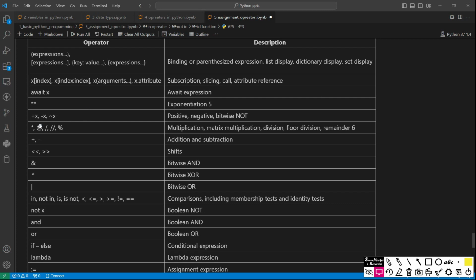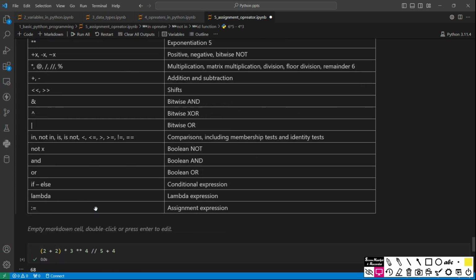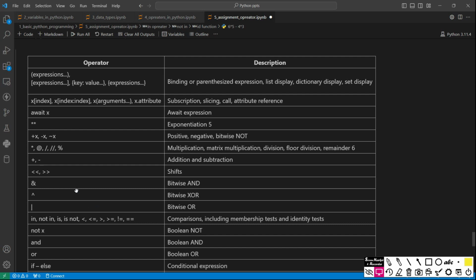Then there are exclamation marks, await, and some operators like slash, double slash or floor division, then addition, subtraction, left shift, right shift, etc. They are arranged in order, so the topmost have the highest priority, right? So this is basically the precedence.